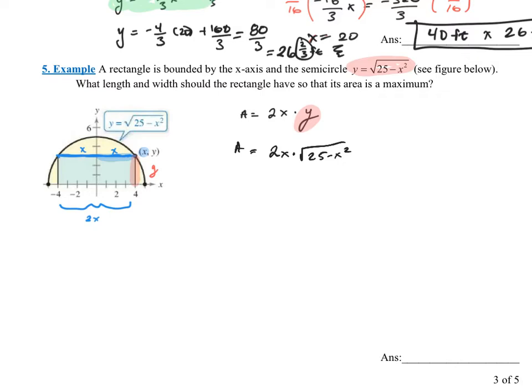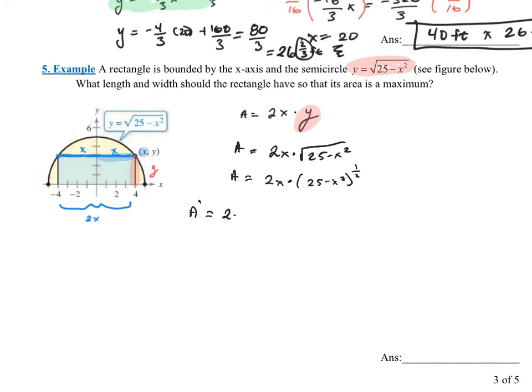To find the maximum of this, I need to find its derivative. To find its derivative, I'm actually going to have to use the chain rule. So maybe it would help looking at this as 2x times 25 minus x squared raised to the 1/2. Sorry, I said chain rule. There is a chain rule, but the primary rule that we're going to use is the product rule. First function being 2x, the second function being 25 minus x squared to the 1/2. So let's go ahead and find the derivative.